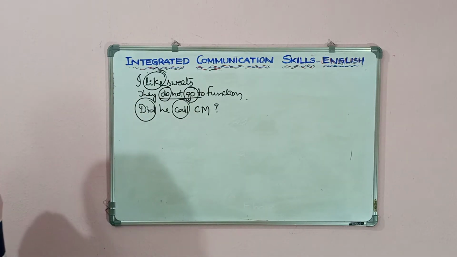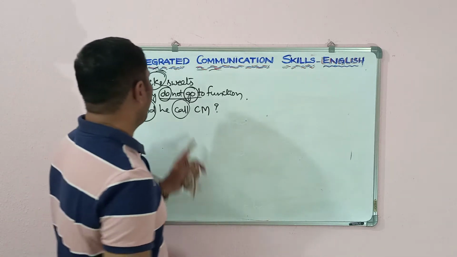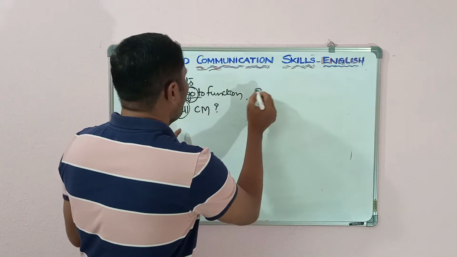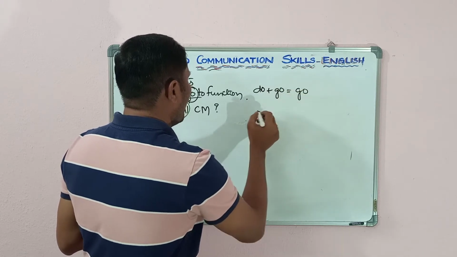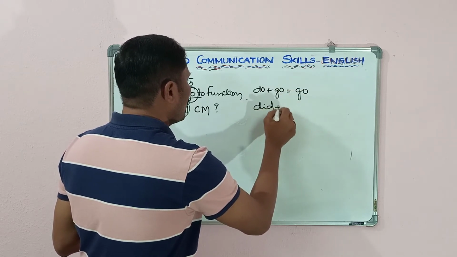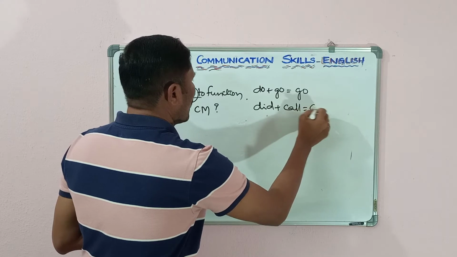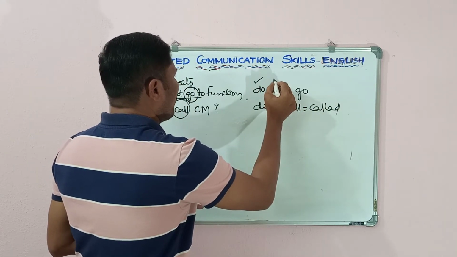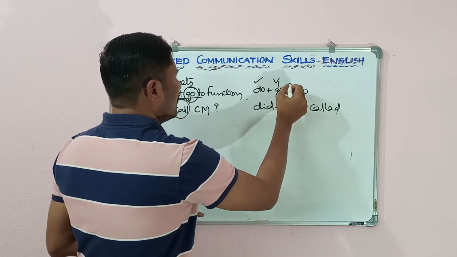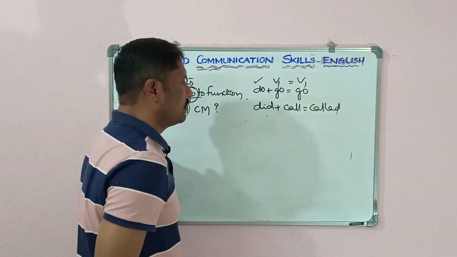Now here, do plus go is equal to go. But did plus call is equal to called. So do plus present form of verb is equal to present form of verb.